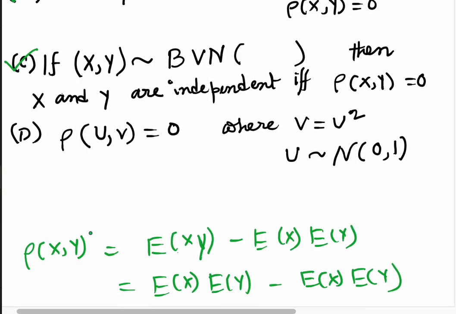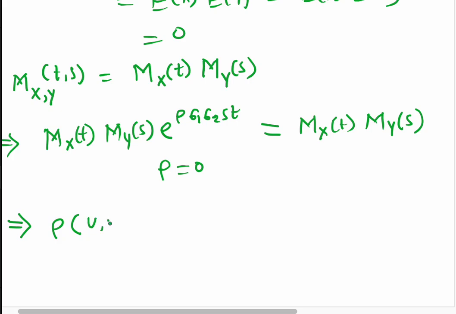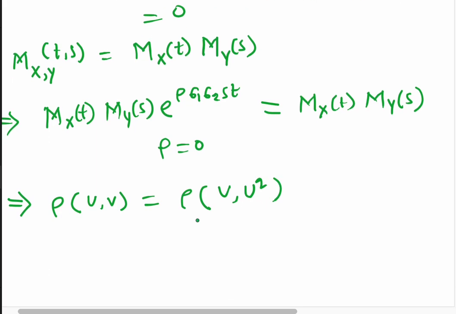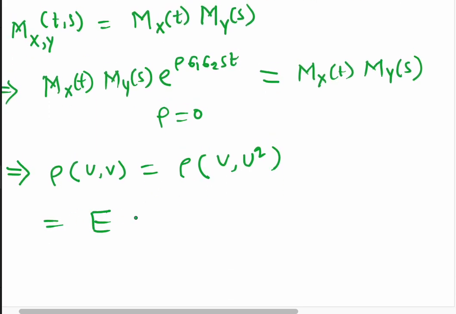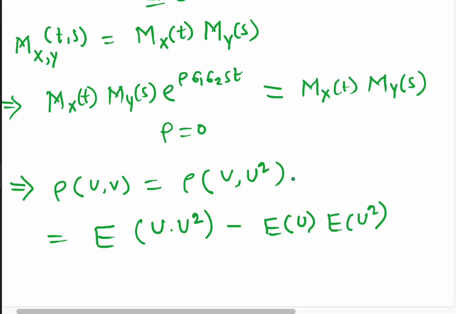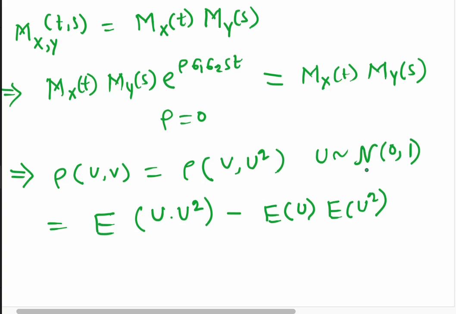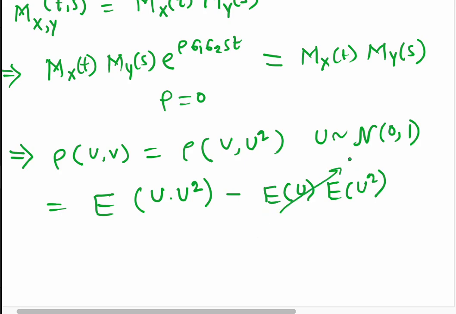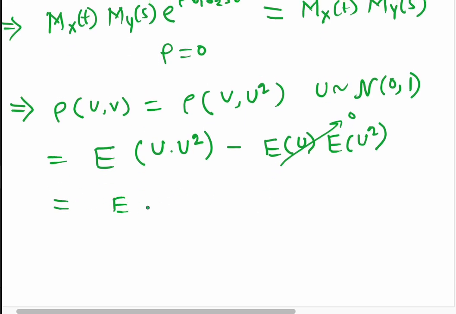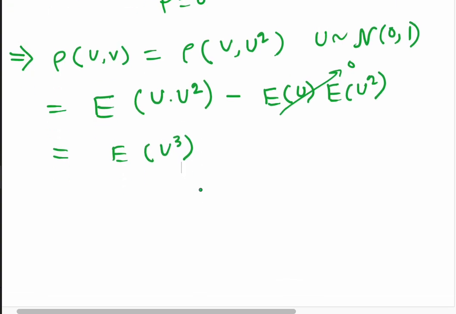It involves the expectation of U cubed minus the expectation of U times the expectation of U squared. Since U follows a standard normal distribution, the expectation of U is 0, so this term is already 0, and the other term is the expectation of U cubed.